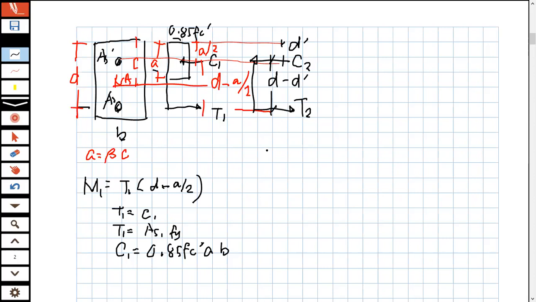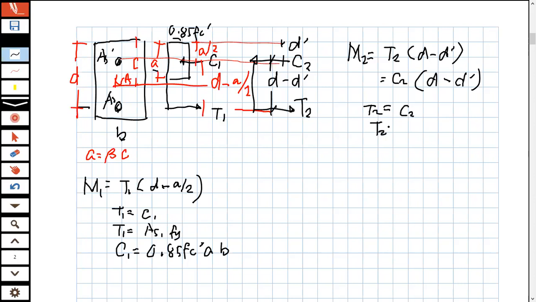So M2, from here, we can say that M2 is just equal to T2 multiplied by the moment arm, d minus d prime. Or we can also use C2 times d minus d prime, because we know that T2 is equal to C2. T2 is equal to As2 times fy.